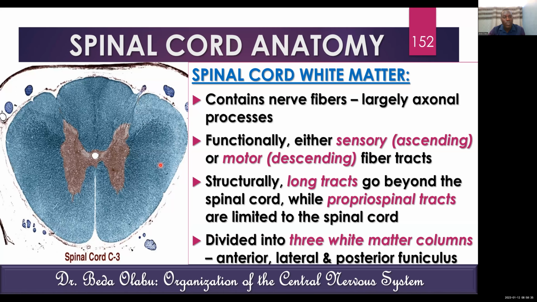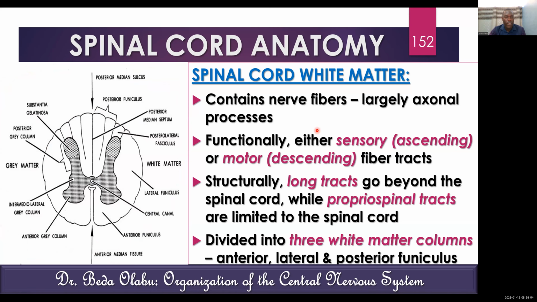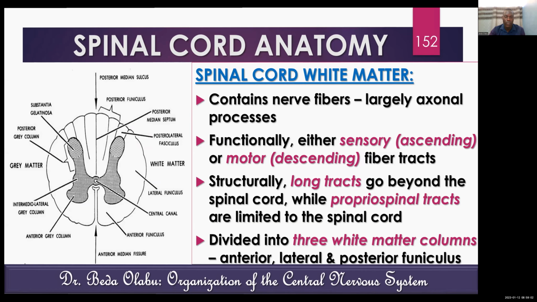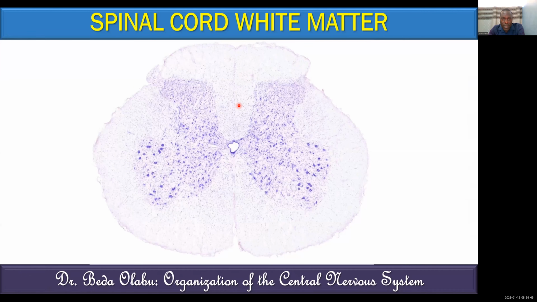We divide the spinal cord white matter into three major columns, or what we call funiculi. We have the anterior funiculus, the lateral funiculus, and the dorsal funiculus. This image still captures that. In this slide again, this is the white matter. This is the posterior white column. This is the lateral white column.